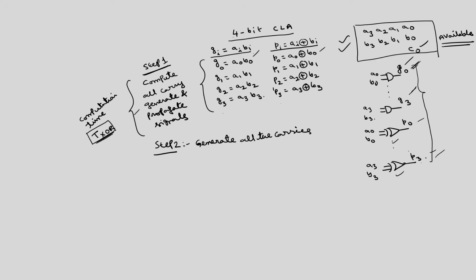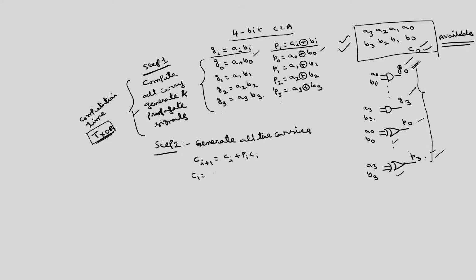So, what is the expression for Ci plus 1? It is equal to Gi plus Pi Ci. C0 is the input which is given and available here. So, I find C1 first. How to generate C1?